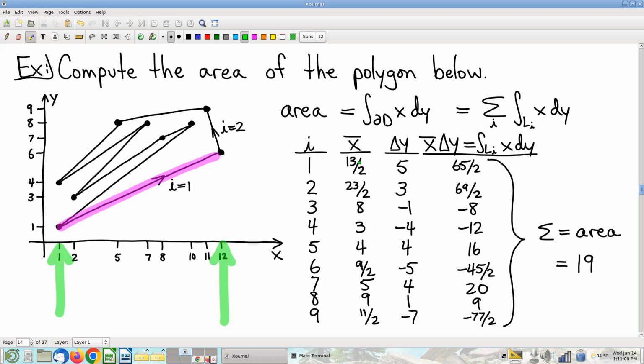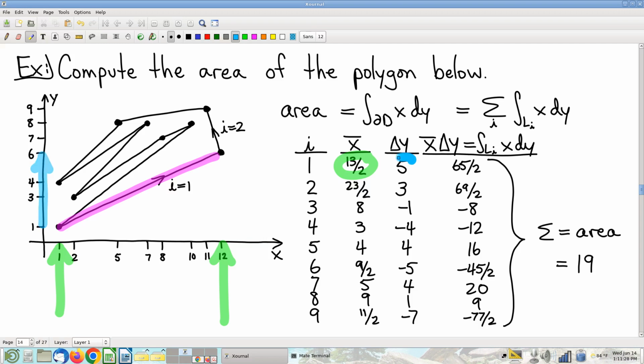So the average value of x is, what's that, 5.5? No, 6.5, right? 13 halves. That's the average value of x. And then let's see here, the change in y. Well, y goes from 1 up to 6.